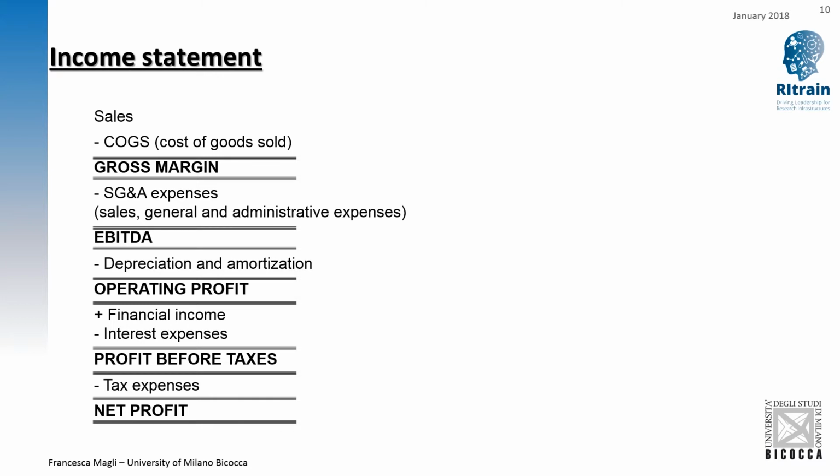Operating profit, also referred to as earnings before interest and tax, represents the earning power of the company with regard to revenues generated from ongoing operations.